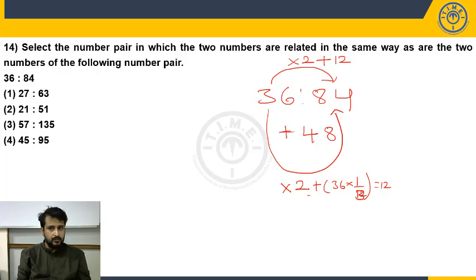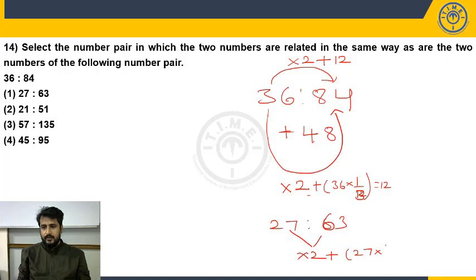It is not available. But if I think in this way, 27 is to 63. 27 to 54, plus the given number is 27 and one third of 27 is 9. 54 plus 9 is 63, perfectly matching.